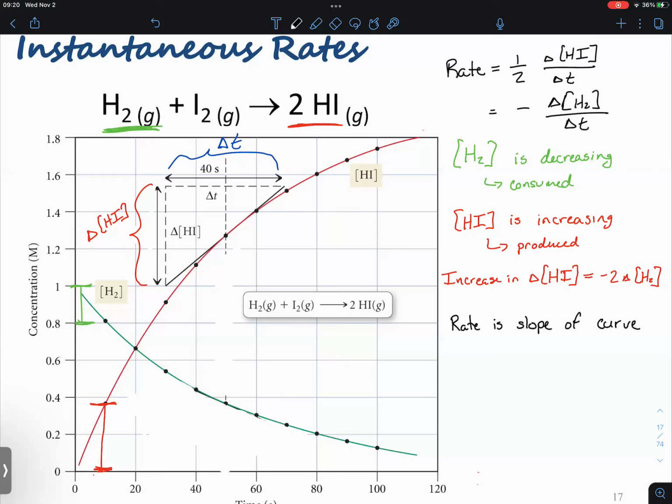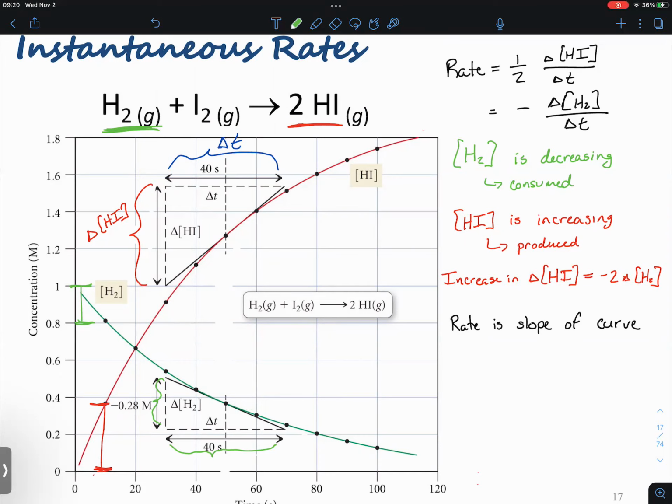Same idea. I would just calculate the slope by looking at the change that occurs in the y-axis, so this distance here, versus the change that occurs on the x-axis. So we can measure the slope of this curve at each point, and that would give us the rate of the reaction.